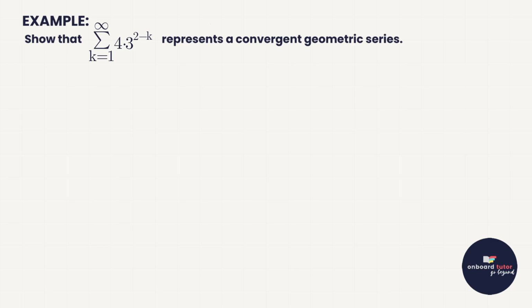First of all, k equals 1. It's always helpful, even if you don't know where to go, to start by substituting in what you've got. So it's going to be 4 multiplied by 3 to the power of 2 minus 1. Then plus our second term, 4 multiplied by 3 to the power of 2 minus 2, the next one, 4 multiplied by 3 to the power of 2 minus 3, etc.